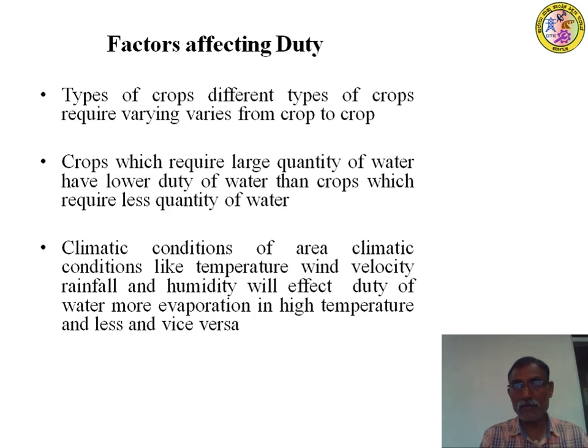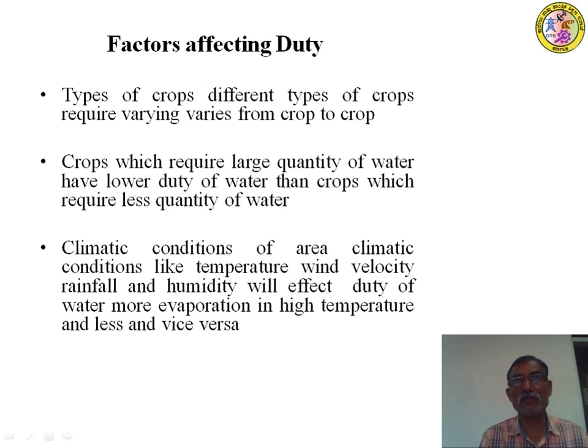If the climate is hot, more and more water you have to supply, so duty will be reduced. If the temperature is low and humidity high, less water is supplied to the plant, so the duty will be more. Useful rainfall, wind velocity and wind direction are also important. All are playing a very important role in the duties.